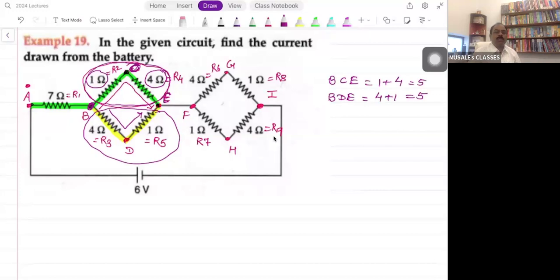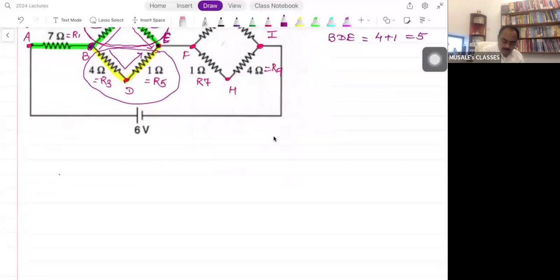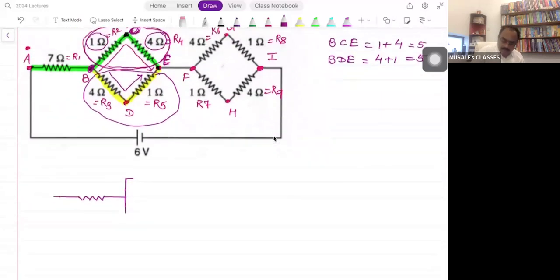But then both of them will be in parallel. I will draw the circuit. This is your R1. Then this is from BCE, so that will be 5. And this will be from BDE. And again, they will be joining here at this point.